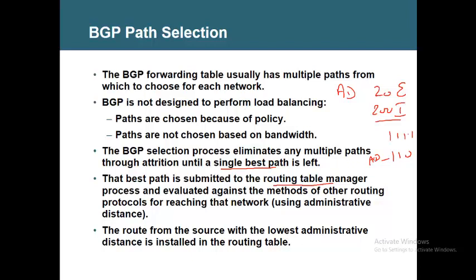We cannot simply expect that because it is BGP, it should be there. No. BGP is only a routing protocol. It is only the routing table manager who decides what to keep in the routing table. BGP, OSPF, they all can only do recommendation of path.